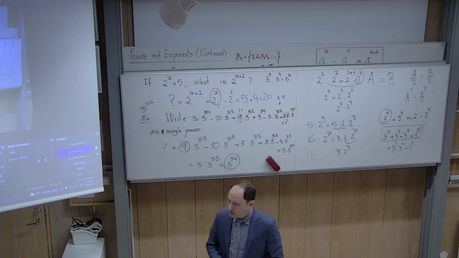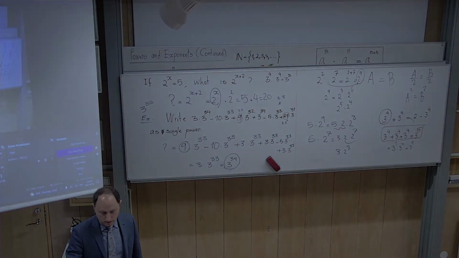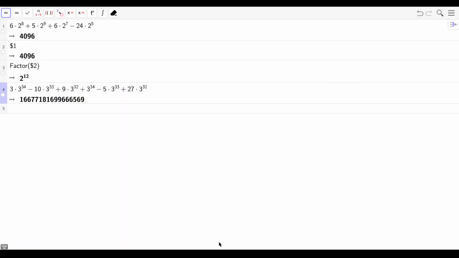But let me just go to GeoGebra to see if GeoGebra is also capable of doing this for us. I already put this number there. Okay, so this is the answer, and that is reasonable because this is 3 to the power 34. It should be a big number. But this is useless.